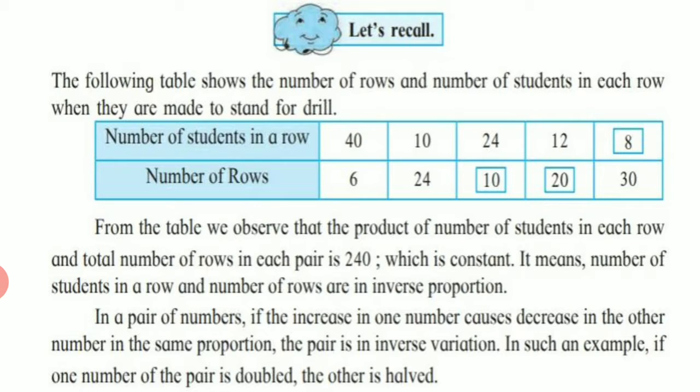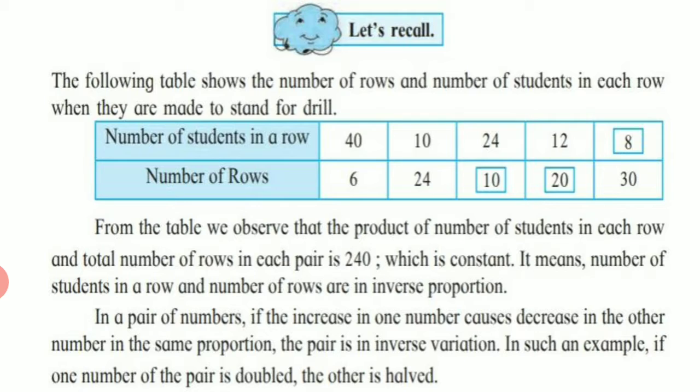From the table, we observe that the product of the number of students in each row and the total number of rows in each pair is 240, which is constant. It means the number of students in a row and the number of rows are in inverse proportion.